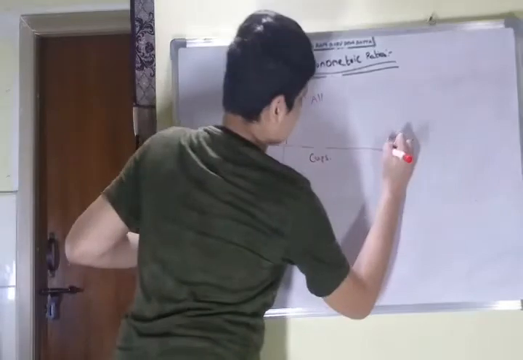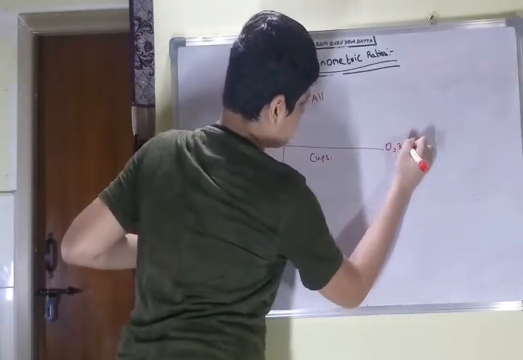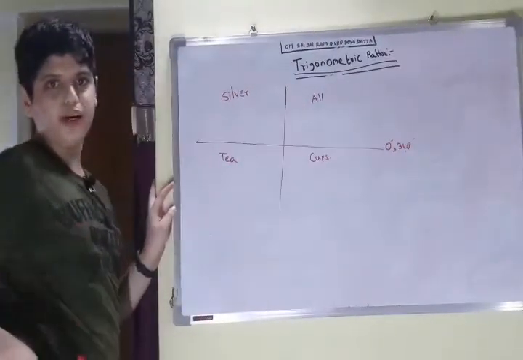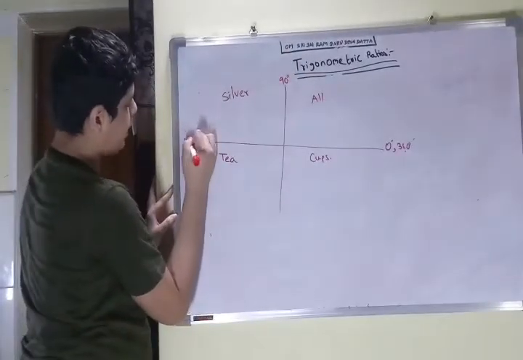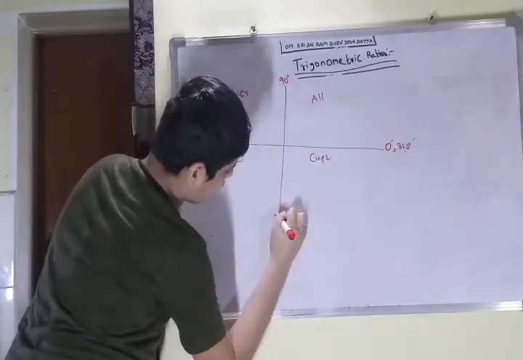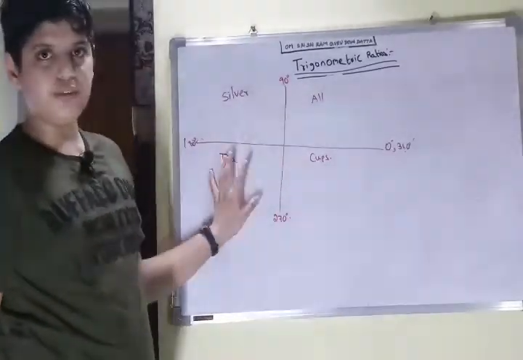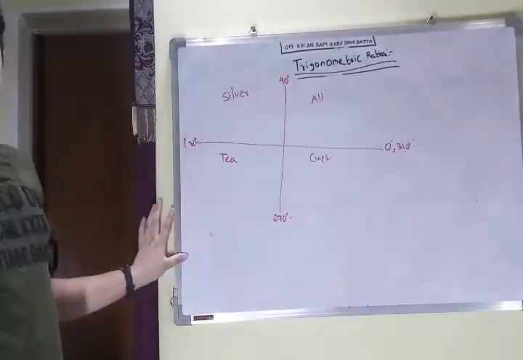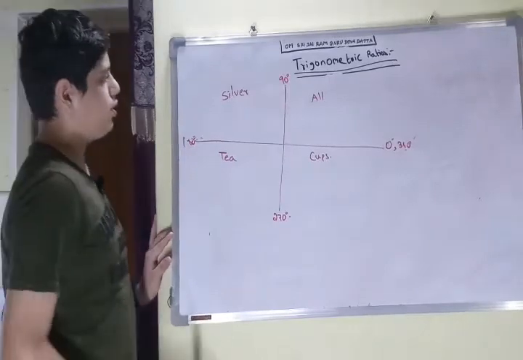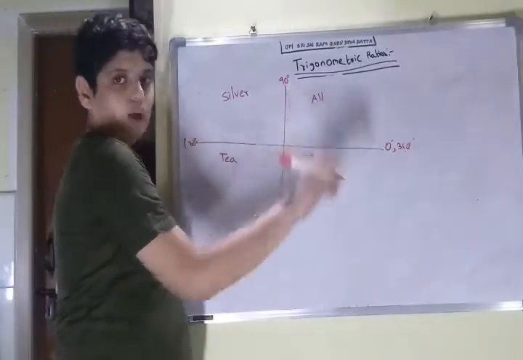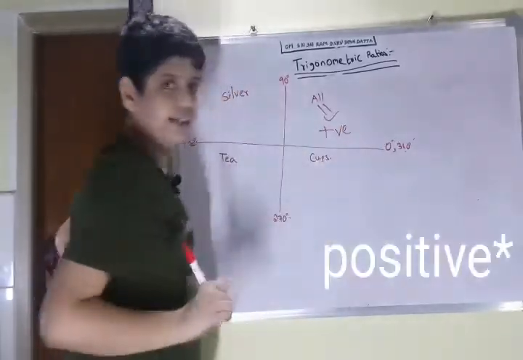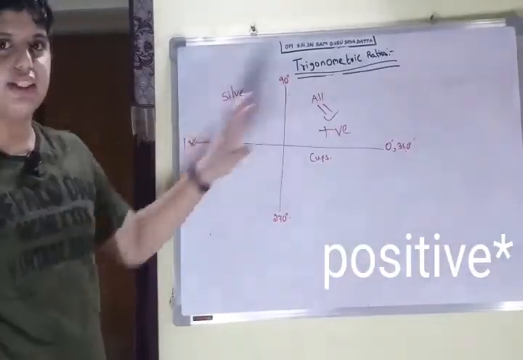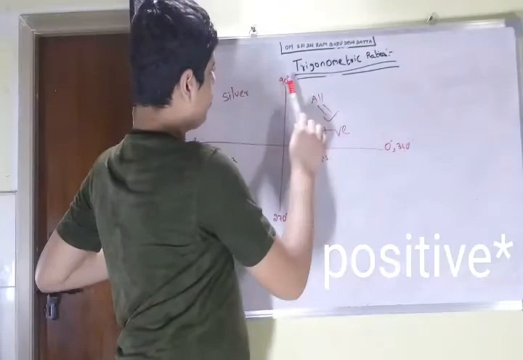This is 0, 360 degrees or 2 pi, because I told you pi is 180 degrees. This is 90 degrees, this is 180 degrees, 270 degrees, odd multiples of 90 degrees. All means all the theta values are positive here: sin theta, cos theta, secant theta, everything in this quadrant from 0 to 90 degrees.